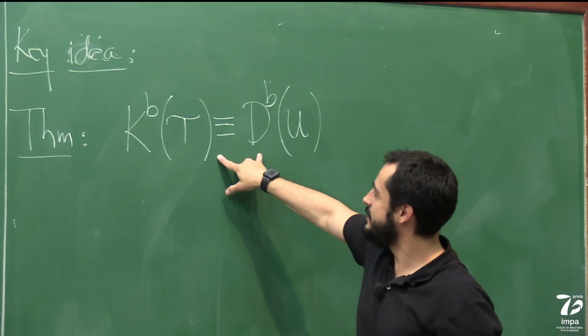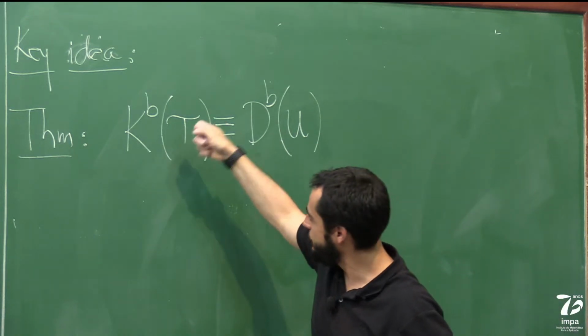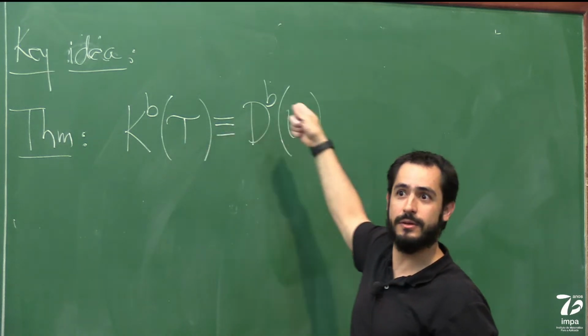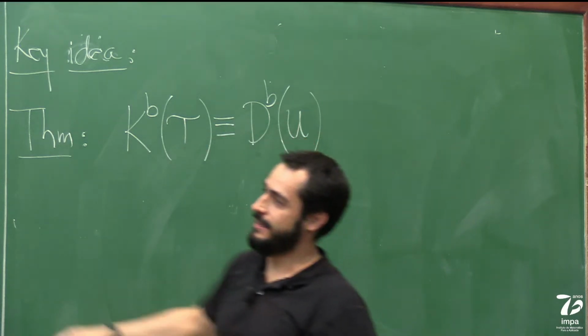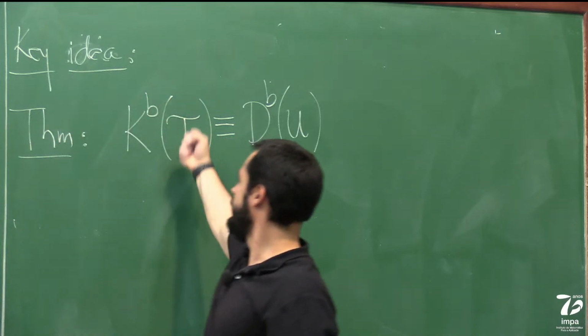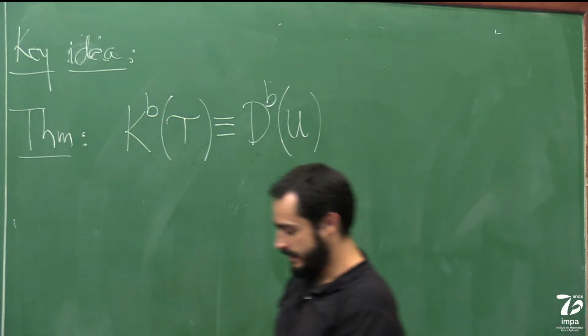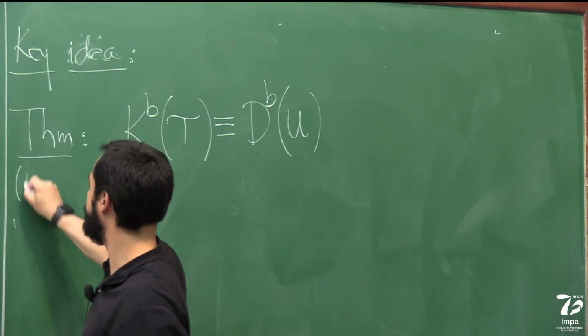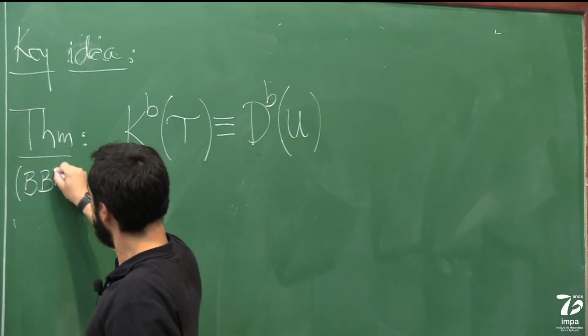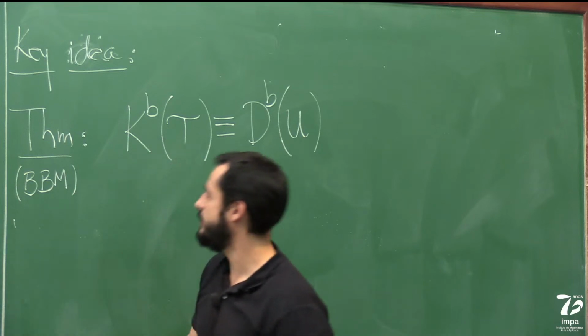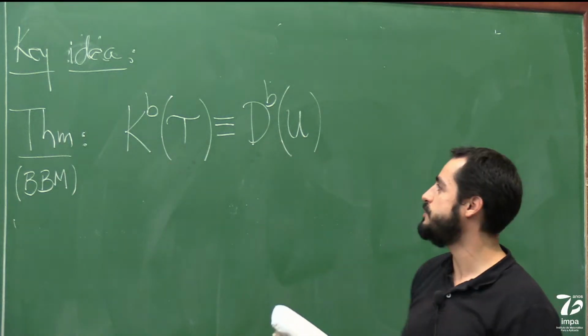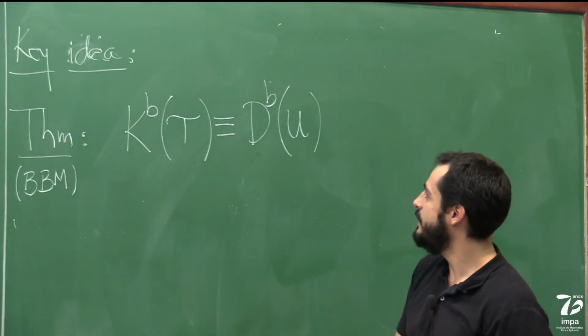With this equivalence, I can say, okay, then you don't need to work with T, you can work with U, and then put all this information in chain complexes and see what happens. This theorem is given by Beilinson, Bezrukavnikov, and Mirković in a geometric proof, but you can also prove it in the case of quantum groups in algebraic terms.